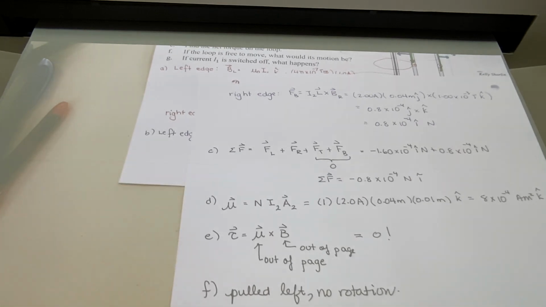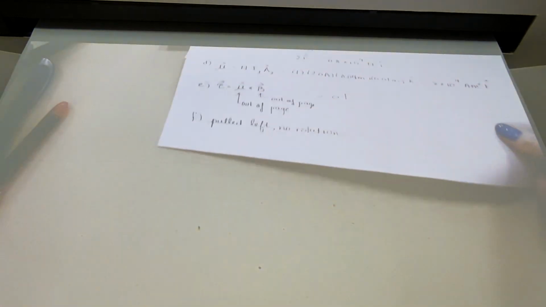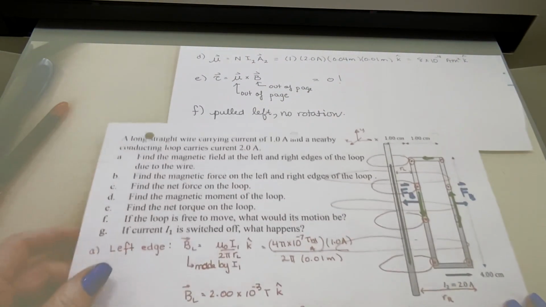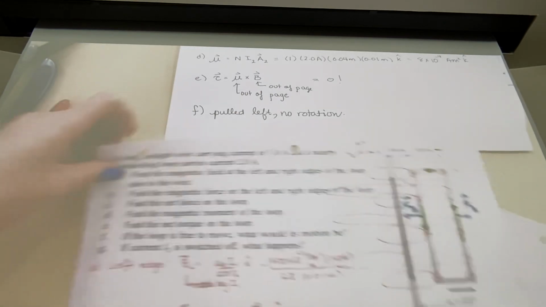And then part G, this is what's going to pull in the induction stuff. If we turn off current I1, what happens? Let's think about what would happen if we turned off our current I1.